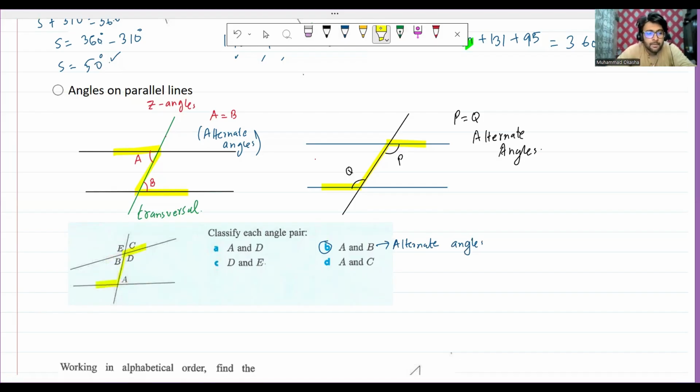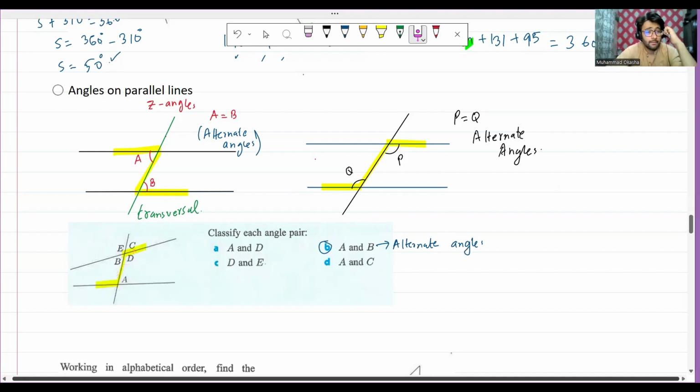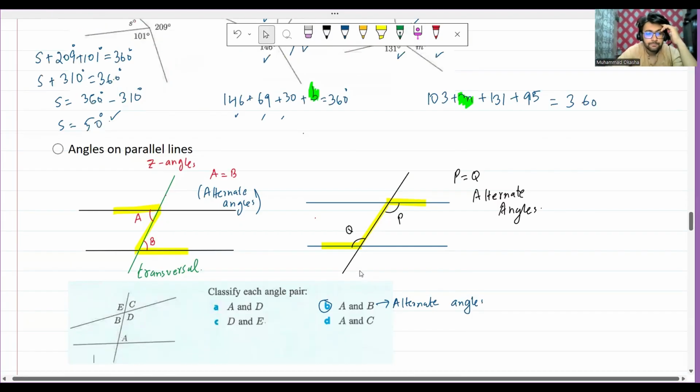Then there is the angle D, but there is no angle here. So I don't think there's any other pair of alternate angles here. A and D are co-interior angles. D and E are vertically opposite angles. A and C are F angles. Yep. I hope you can realize there is a set of alternate angles here.